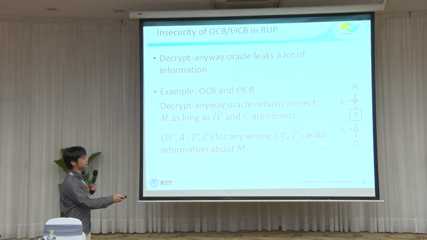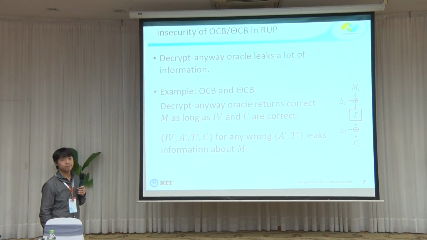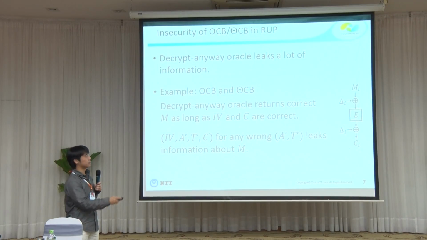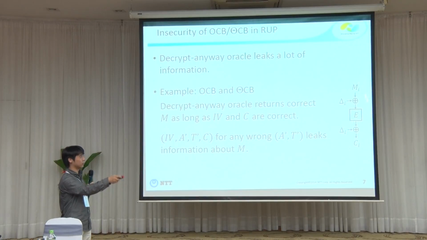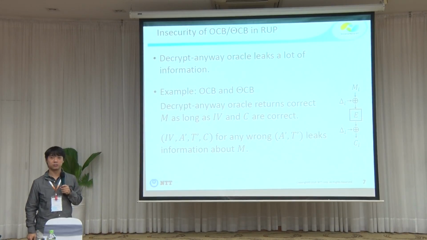Remember that this is the encryption process in OCB. The message is just converted to ciphertext by encryption with some secret value. This secret is actually made from the initial value. So IV is related to the computation of the conversion, but the associated data and tag are not related to this conversion.